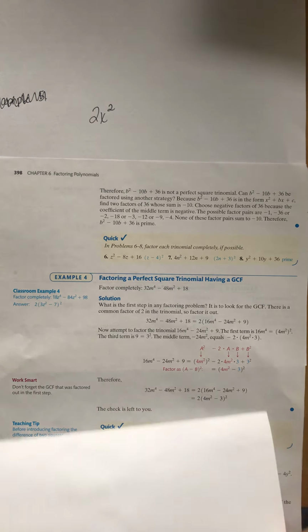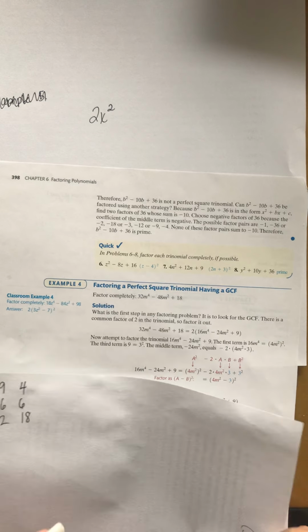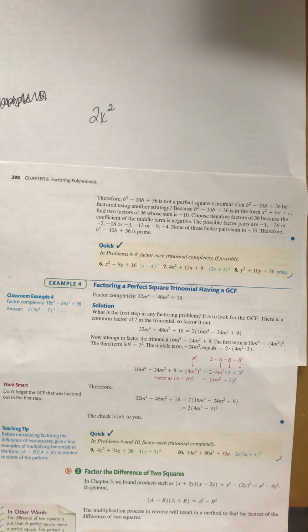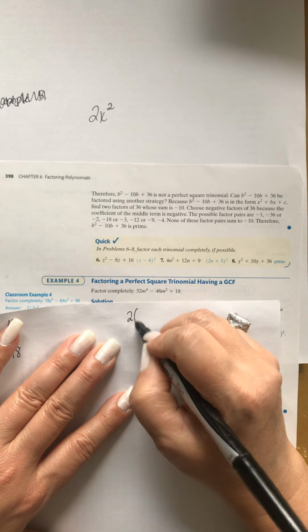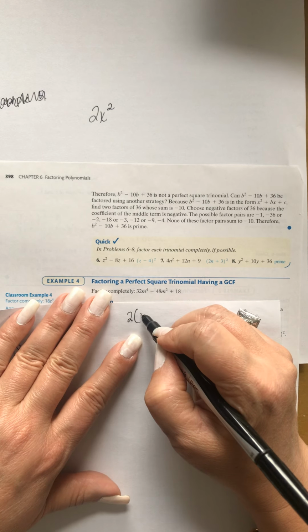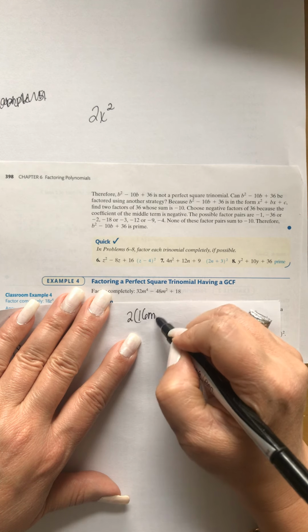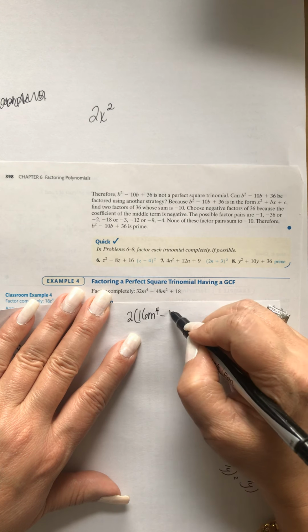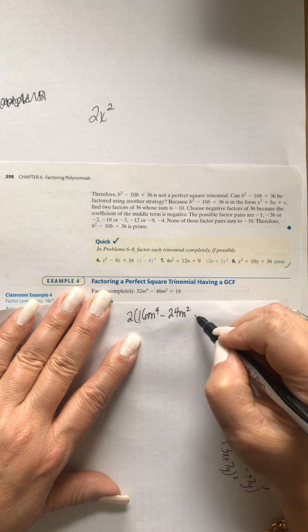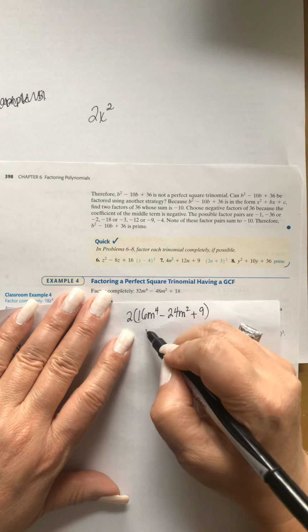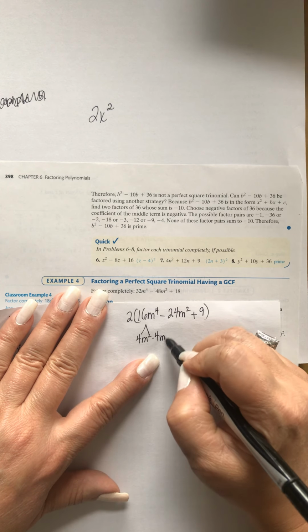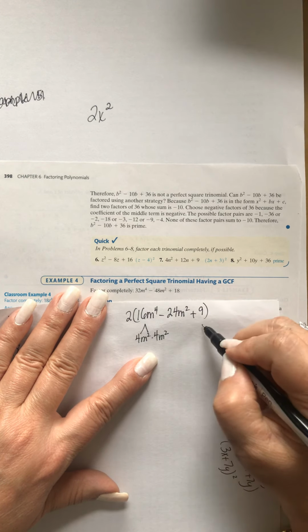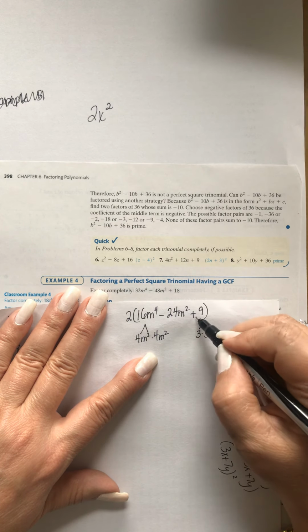Okay. So what do we do on example 4? We're going to pull out the GCF. The greatest common factor, it looks like we could take a 2 out of these terms. So if I took a 2 out, I get 16m to the 4th minus 24m squared plus 9. Now this alerts me to the fact 4m squared times 4m squared is 16m to the fourth, and 3 times 3 is 9, and there's a plus sign there.